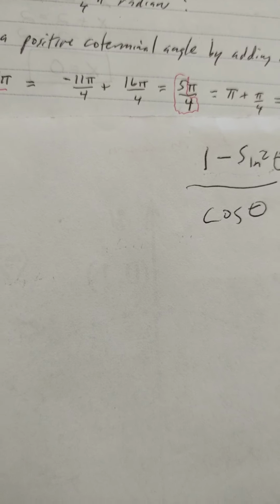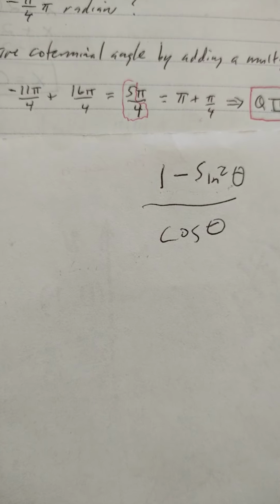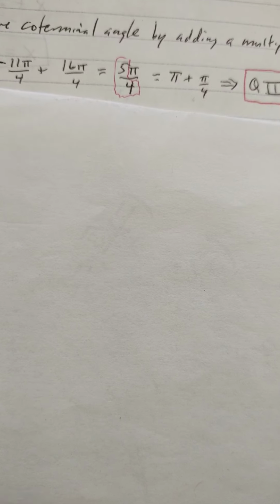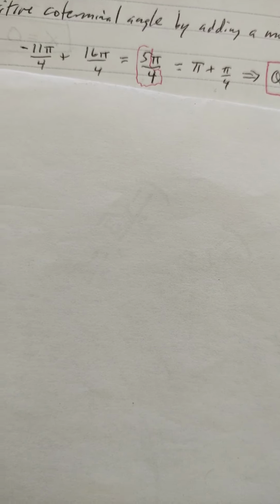So think of 5 pi over 4 as pi plus pi over 4, because 5/4 is a little bit more than 1. It's going to be in quadrant 3. The number in front of pi is 5/4. 4/4 is just 1, so that's pi, plus another pi over 4 would give you the 5 pi over 4.